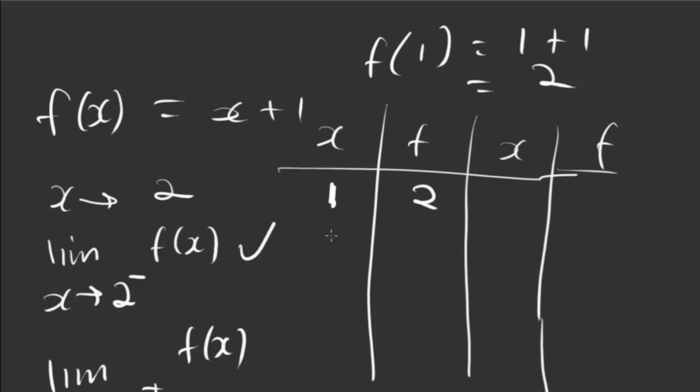When x is 1.5, you do the same. When x is 1.9, you get 2.9. What about when x is 1.99? You are trying to go closer to 2 but not reaching 2.